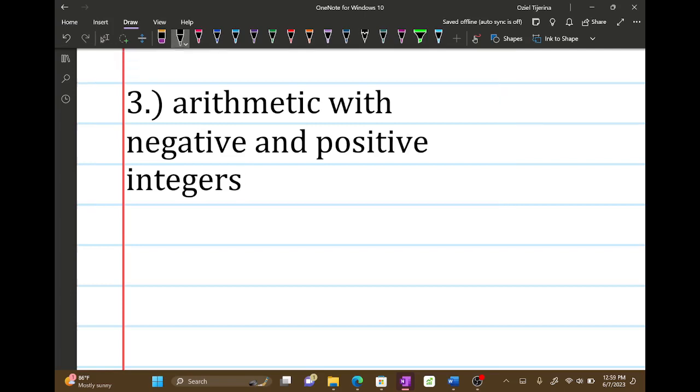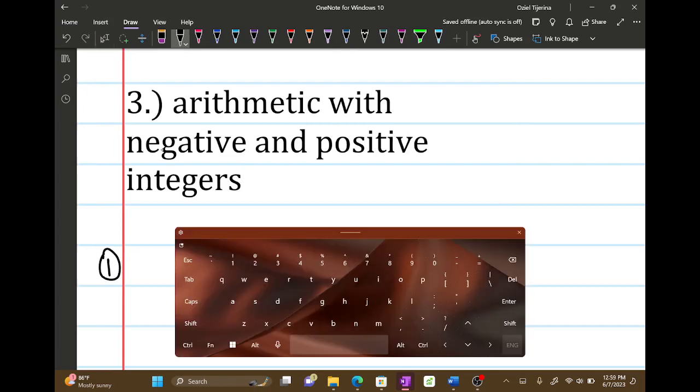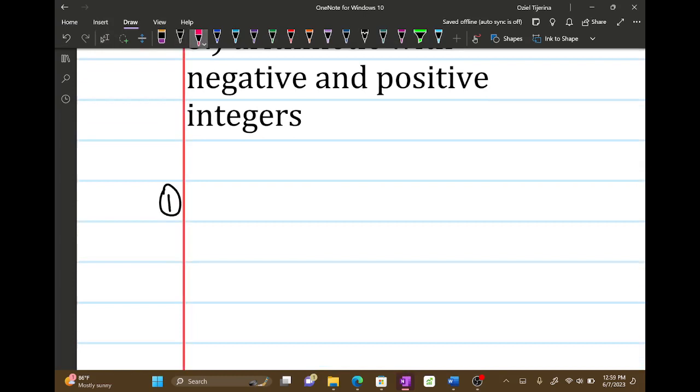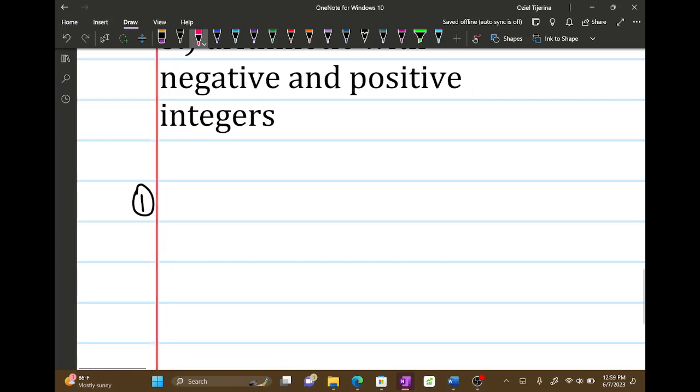So I always like to pinpoint and list out the difference between subtracting two negatives or adding two negatives, or multiplying two negatives, dividing a negative by a positive, all that stuff. And I'm going to go over this, right?